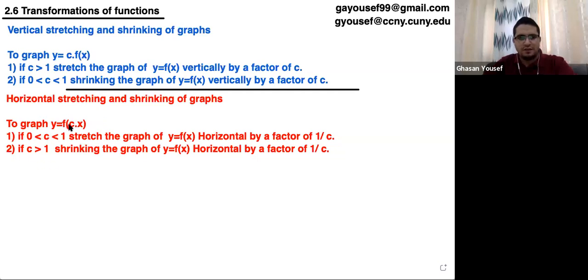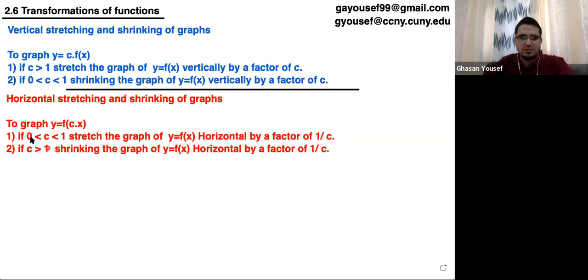If this c is between 0 and 1, we graph the original function f of x without the c, and we do stretching of the original function horizontally. And if this c is greater than 1, like 2, 3, 4, we do shrinking of the original function.